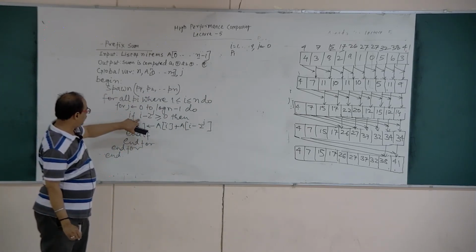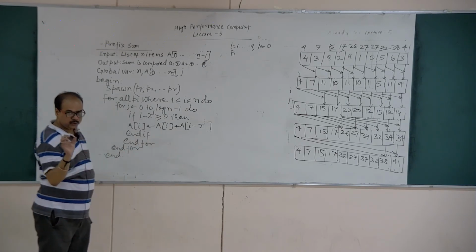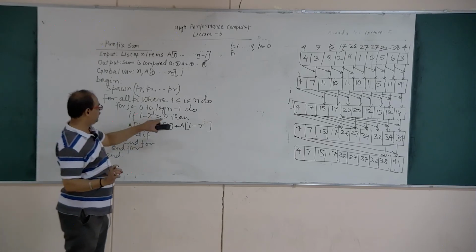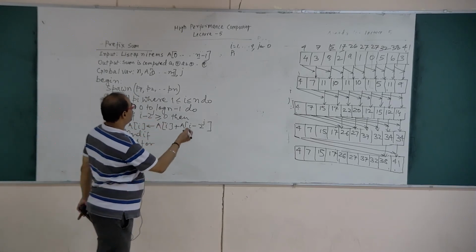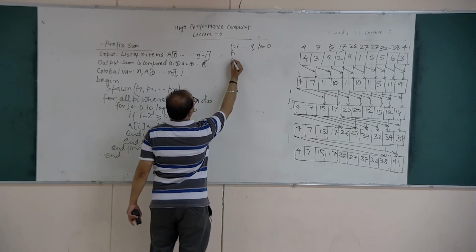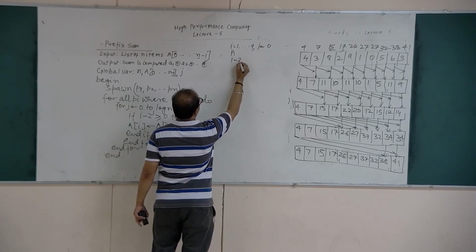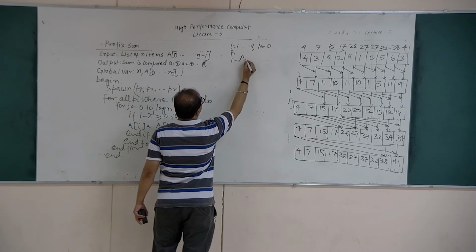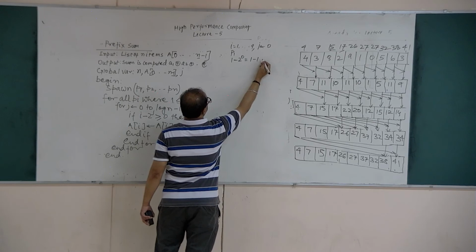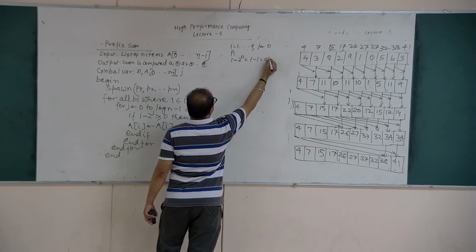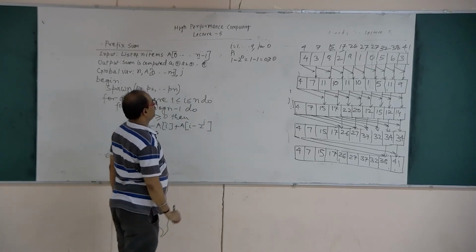Now in this loop it will test the condition i minus 2 to the power j is greater than or equal to 1. What is the value of i? i is 1, and j is 0, so 2 to the power 0 is 1. So 1 minus 1 is 0, and 0 is greater than or equal to 0. So the condition is satisfied.